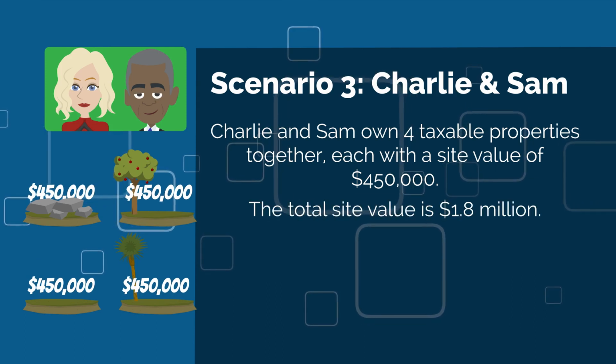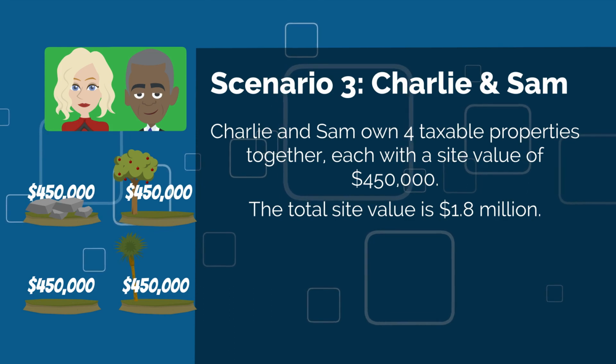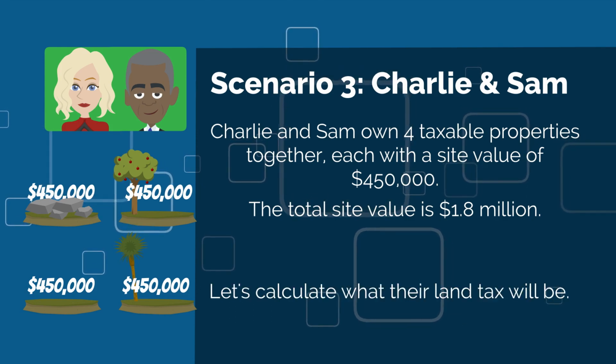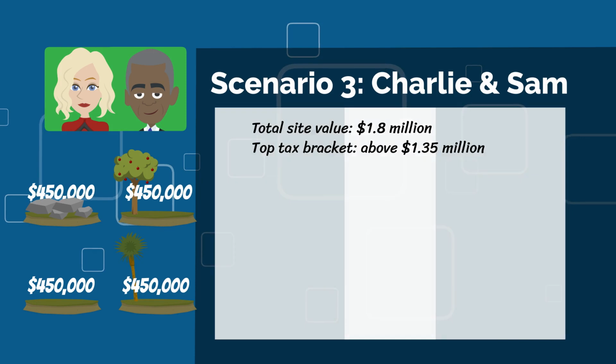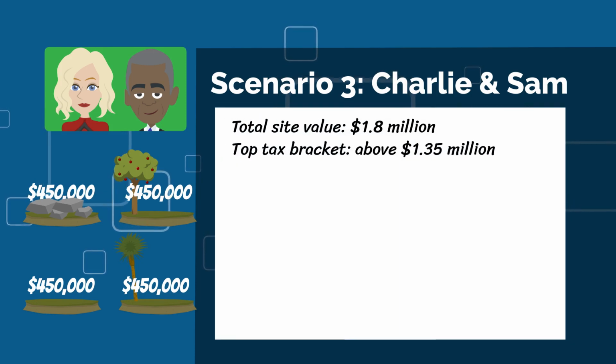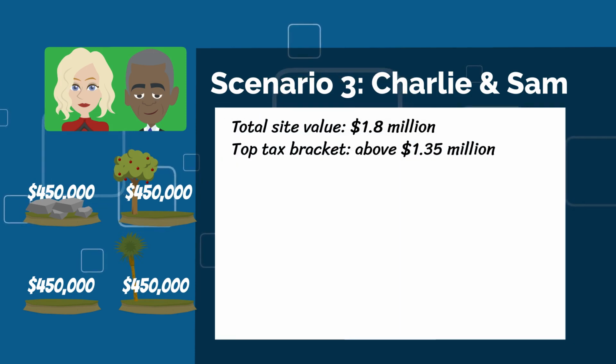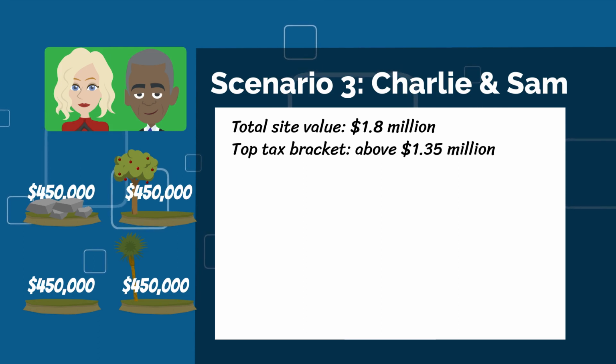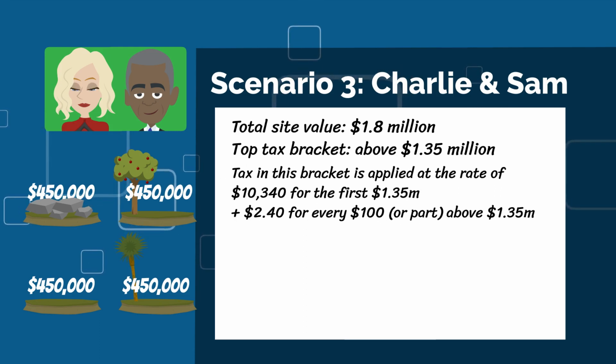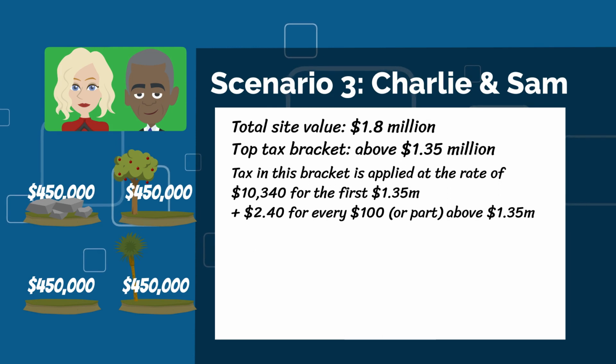Charlie and Sam own four taxable properties together, each with a site value of $450,000. The total site value is $1.8 million. Let's calculate what their land tax will be. Land tax is calculated on a total site value of $1.8 million. Land tax on $1.35 million is $10,340.